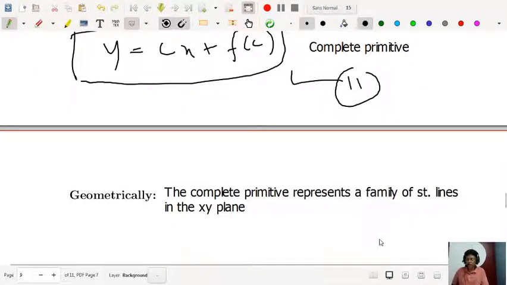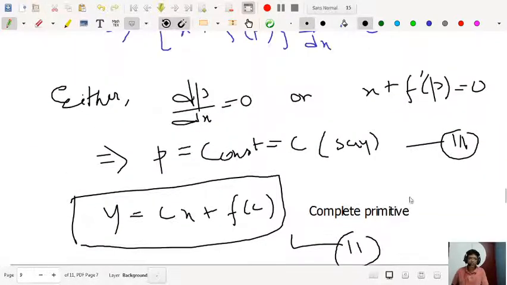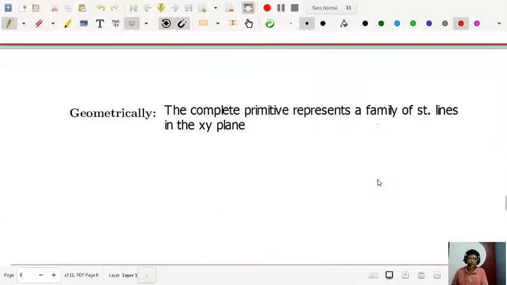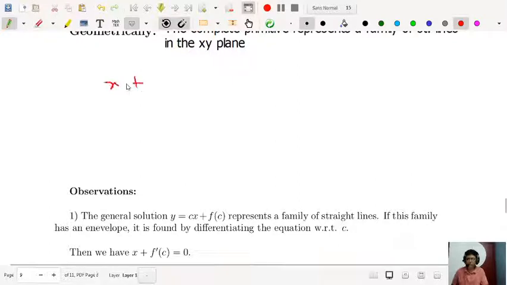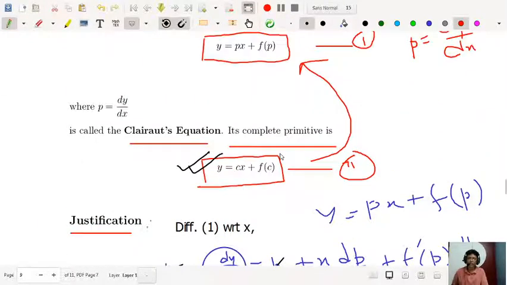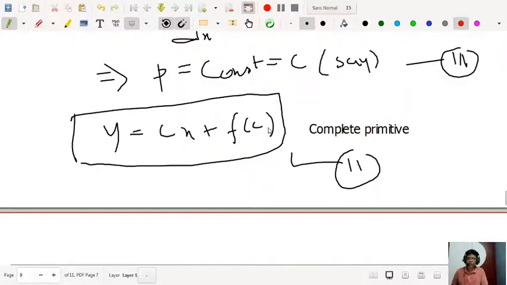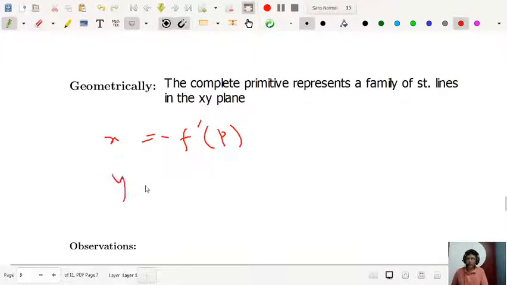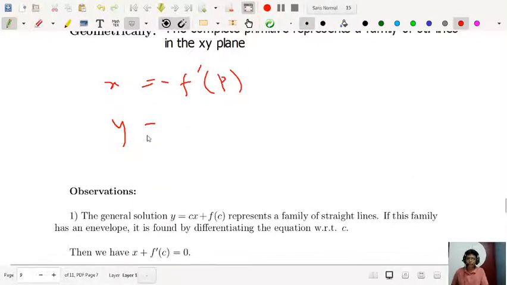Now we can write this x + f'(p) = 0 as another equation. x = -f'(p), and if you put this x in the given equation y = px + f(p), if you eliminate x, you get y = -p f'(p) + f(p).